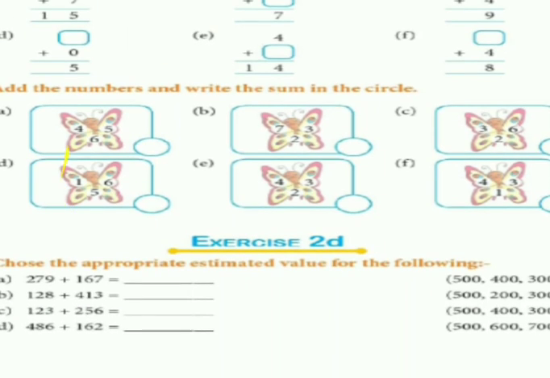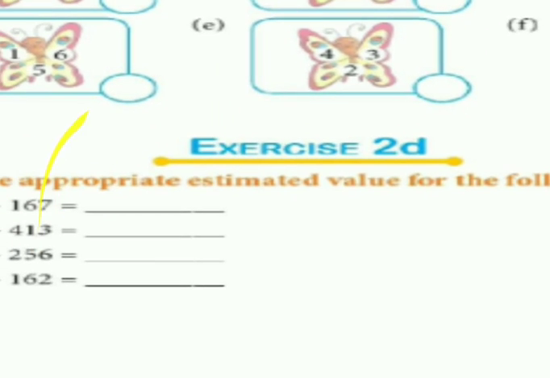And in the second question, as you can see, the numbers are simply given here, and you have to add all three numbers and write the answer in this box. Now here you have to put the estimate of the sum. If we take 200 and 100, 200 plus 100 will be 300, and it is more than 300, so you can write 400, because if you add 79 with 67, it will cross 100.